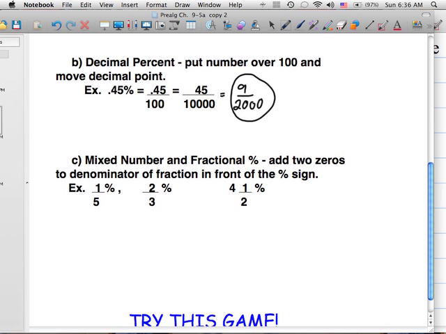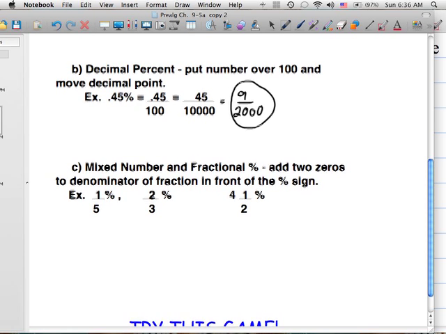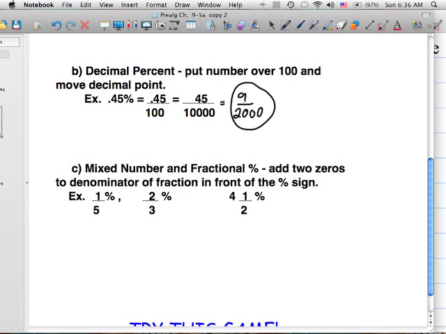If I have a mixed number or a fractional percent, there's a little trick that you can just add 2 zeros to the denominator of a fraction in front of the percent sign. I'll show you why that happens. Let's just take 1/5 percent. 1/5 percent says put me over 100.